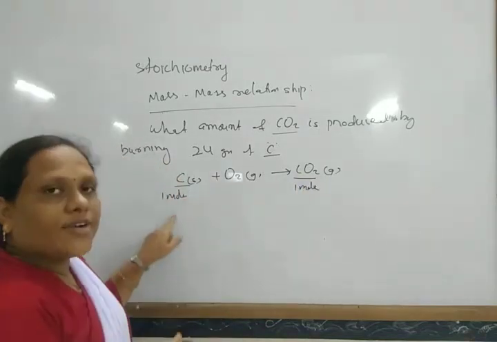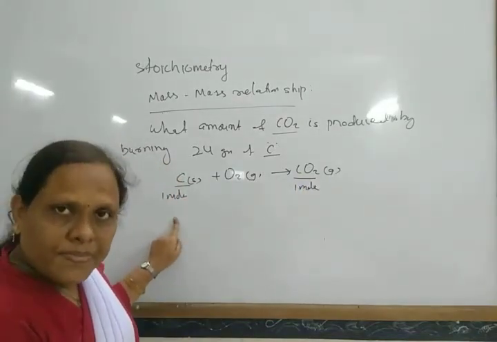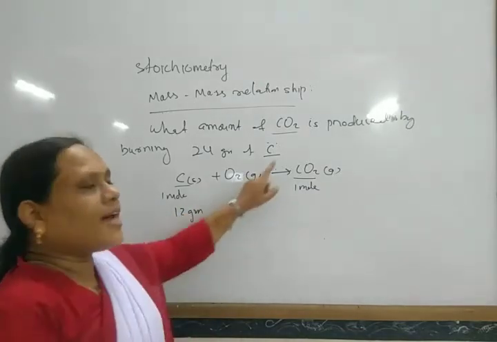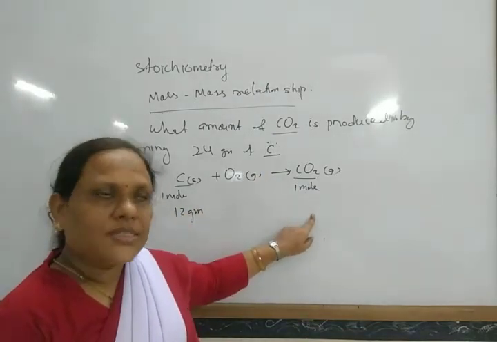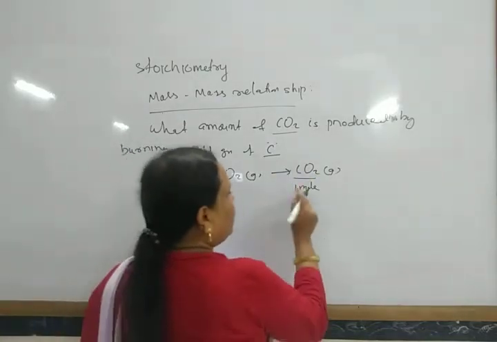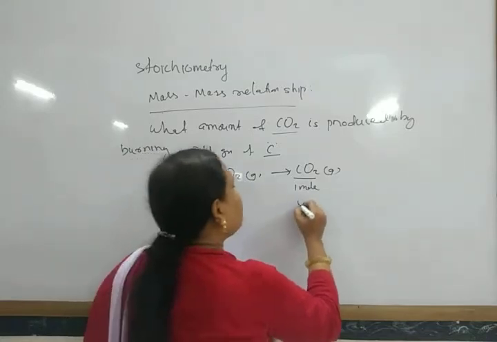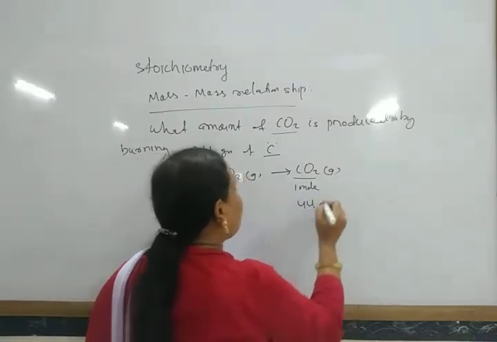So 1 mole of carbon has weight, its gram atomic mass, equal to how much? 12 gram. And carbon dioxide, how much? 1 mole of carbon dioxide has weight equal to 44 gram.